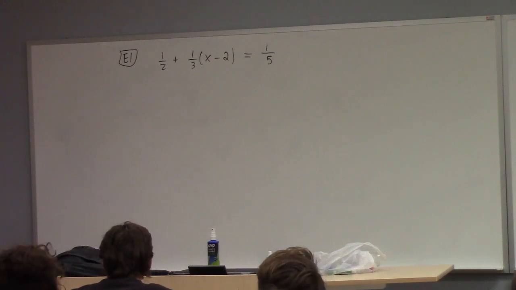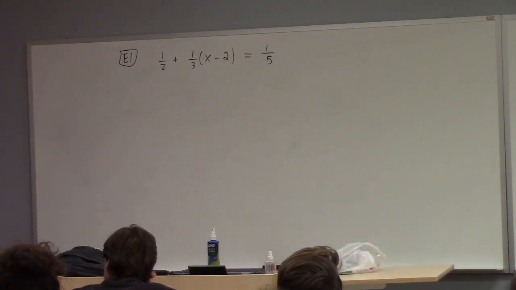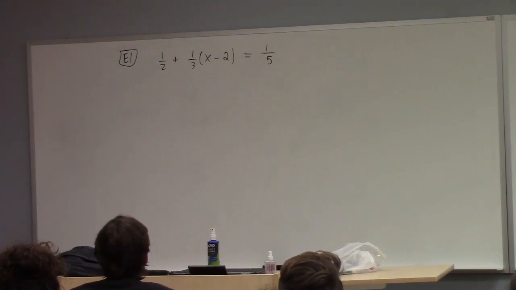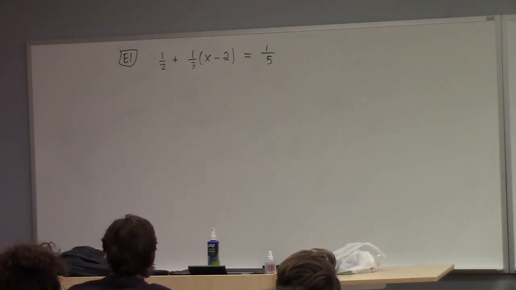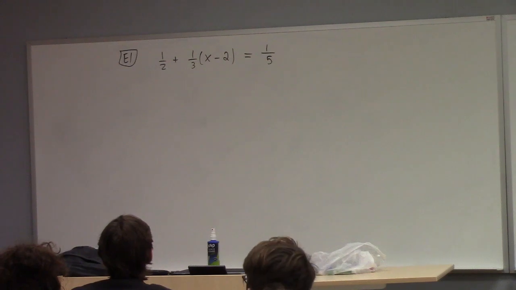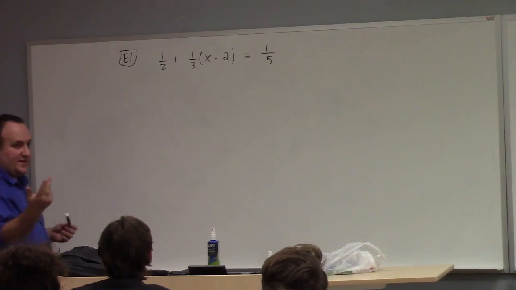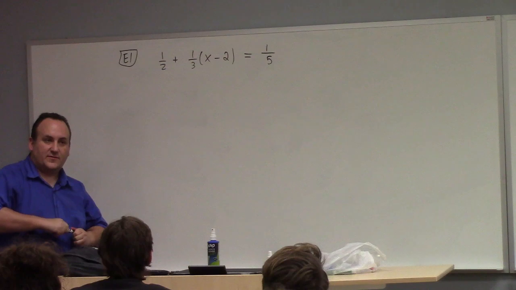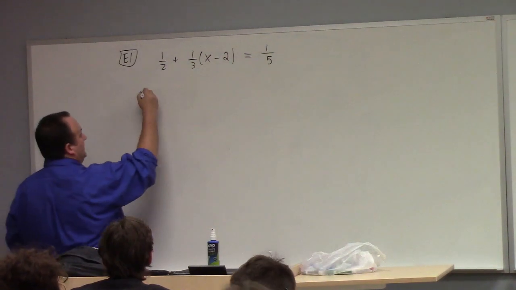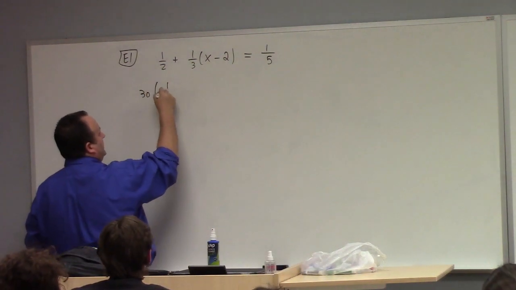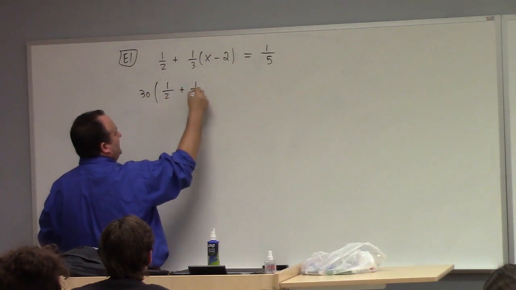We could do that. What could we multiply this equation by to make our life easier? Multiply by 3, that's the start. Multiply by 5, that's the start. And 2. I'm going to take all three of your answers and put them together. 3 times 5 times 2 is what? 30. Let's multiply this equation by 30, because that's the least common multiple of the denominators.